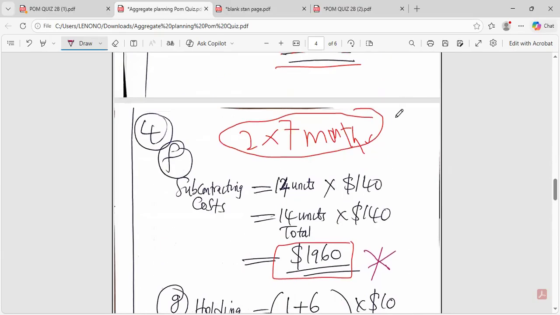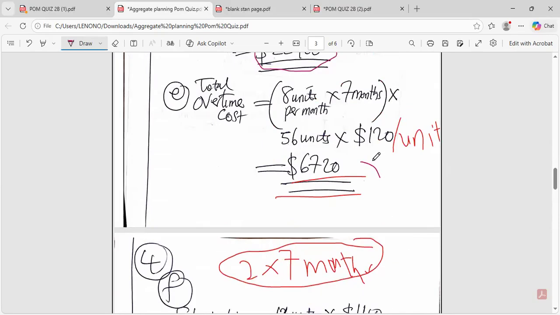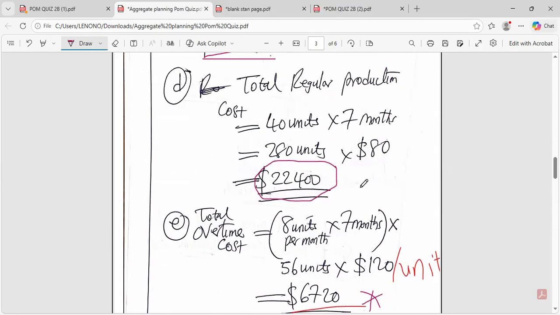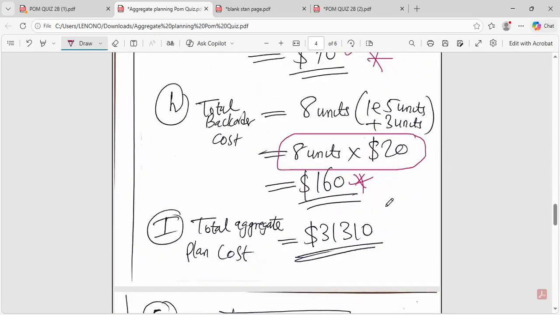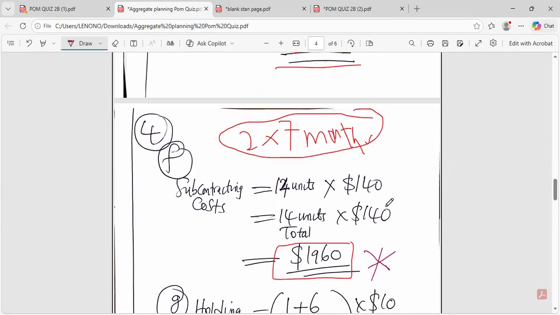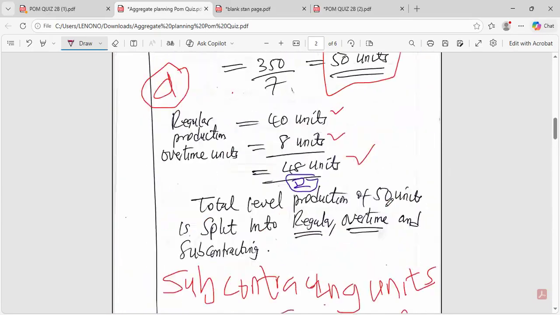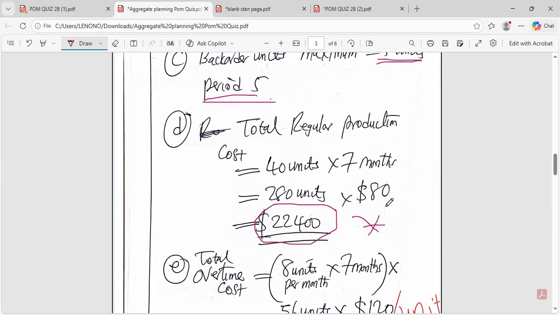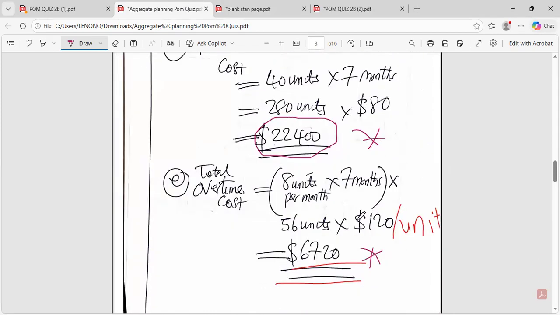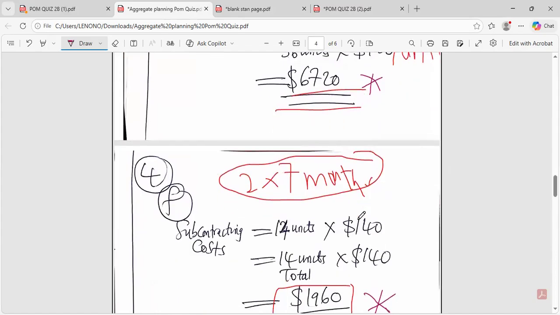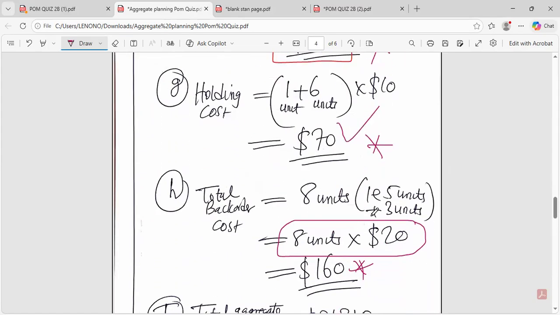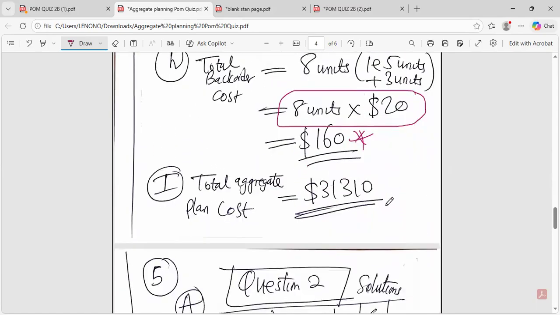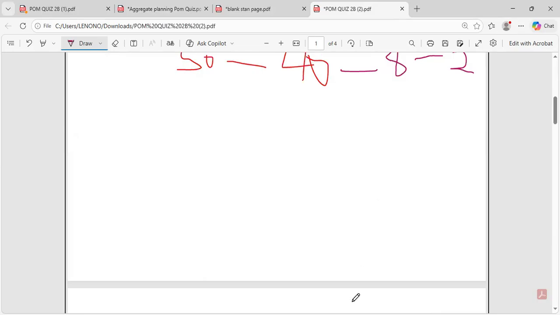and we also add the overtime cost, we also add the regular production cost. So summing up those costs, starting from the regular cost, the overtime cost, and subcontracting cost, including holding and back order cost, gives us 31,310. Right, so this is how this was supposed to be done.